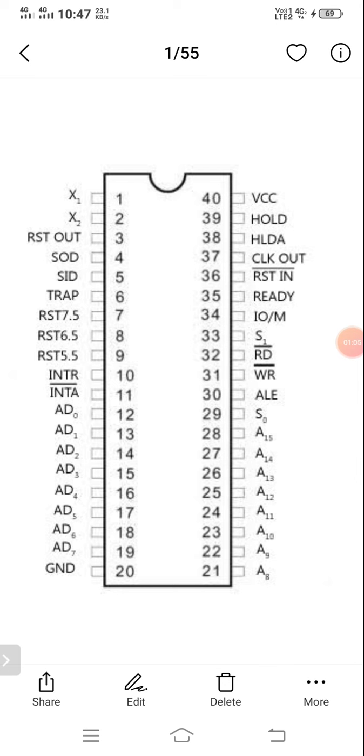For the assembly programming language, we use instructions, like statements in the C language. Here, in the microprocessor, we use instructions.